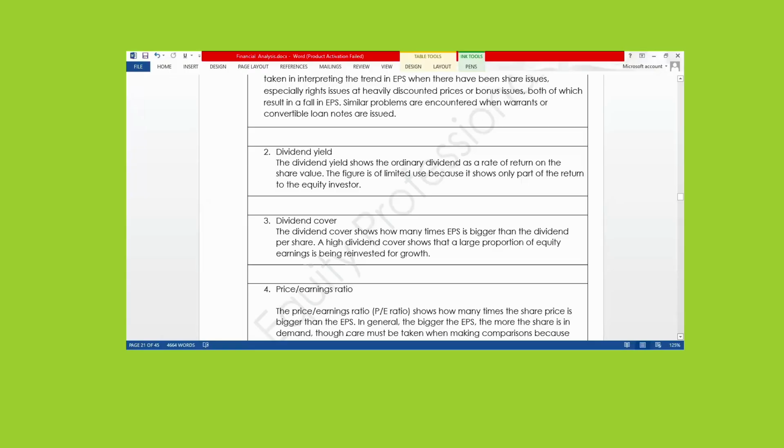Let me explain that. If your dividend cover ratio is high, you are paying out less dividends. A small percentage of your profit is paid out as dividends, and a large percentage is retained and reinvested for growth.